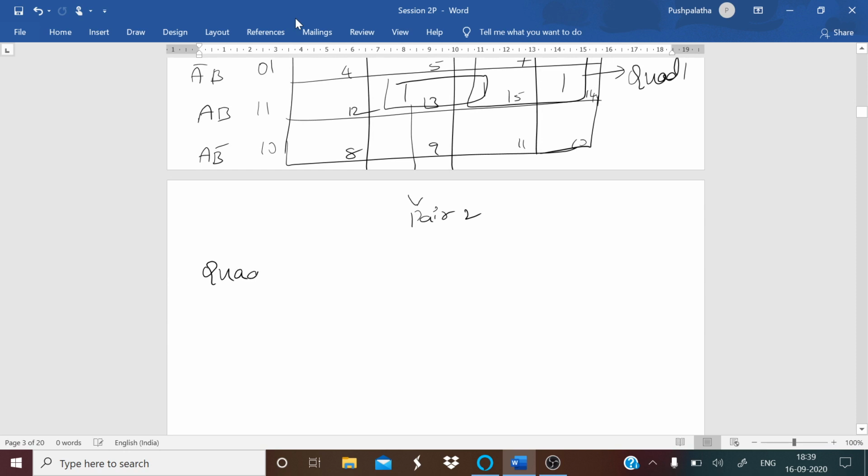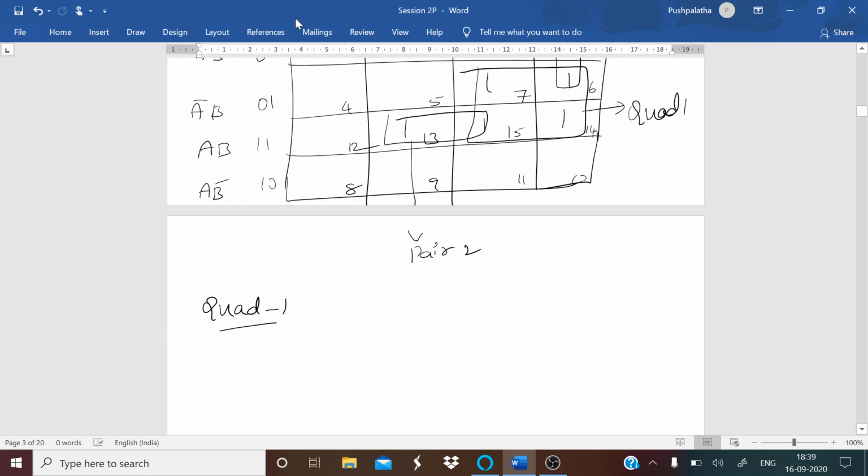So go for the simplification of your quad 1 now. What is the expression for quad 1? It is m7 plus m6 plus m15 plus m14.